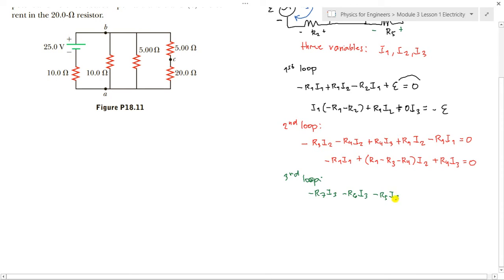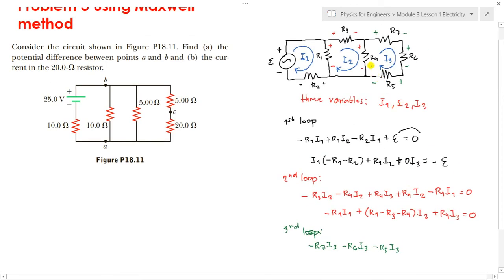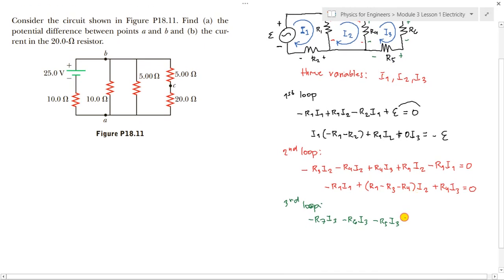Next, for R4, there are two interactions, that is the current I3 and I2. So for I3, since this is already a negative terminal, then this is positive, so negative to positive, magiging increase in voltage na, so therefore we have a positive here, so that is plus R4 I3.